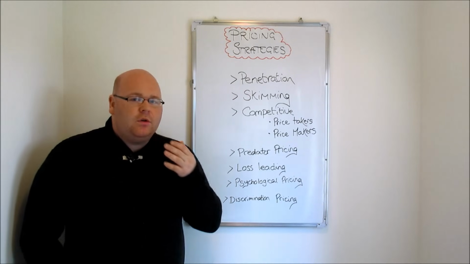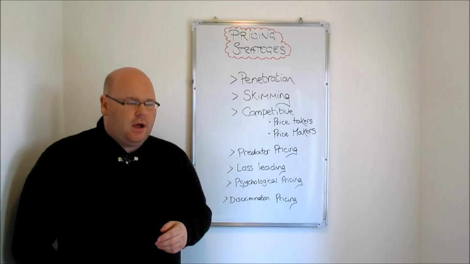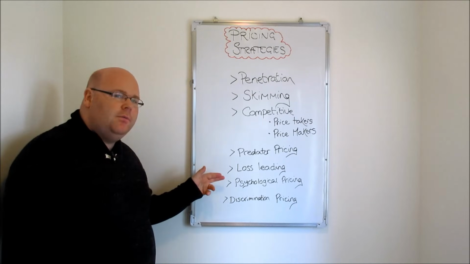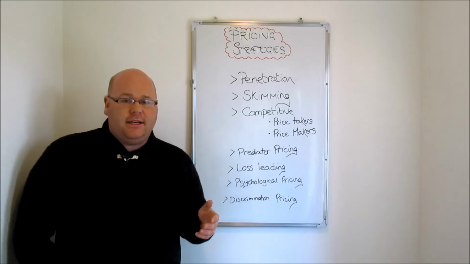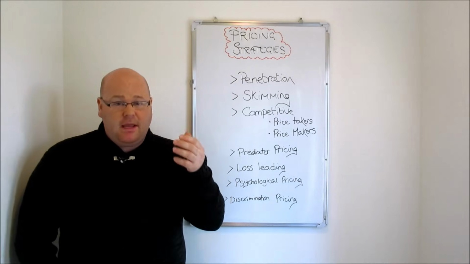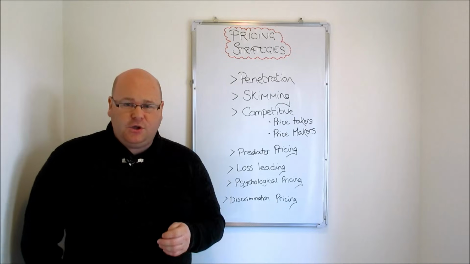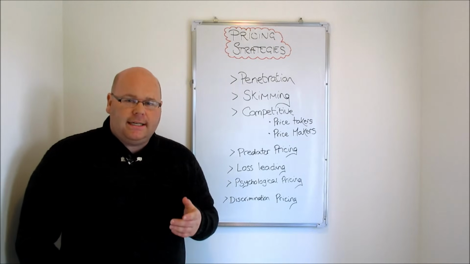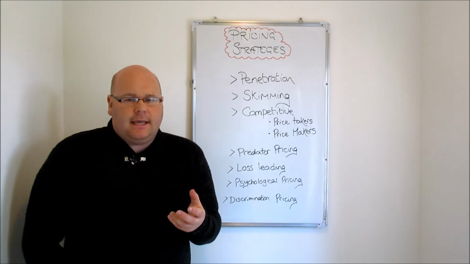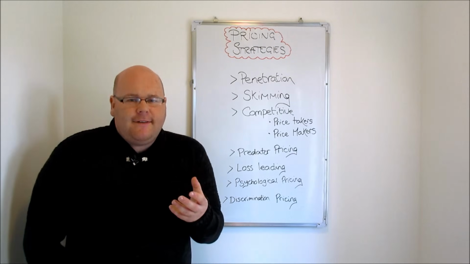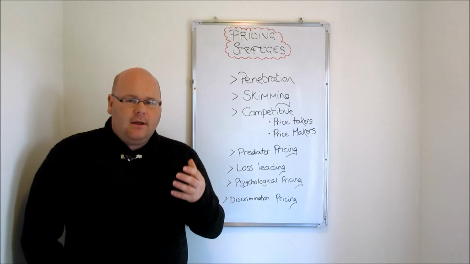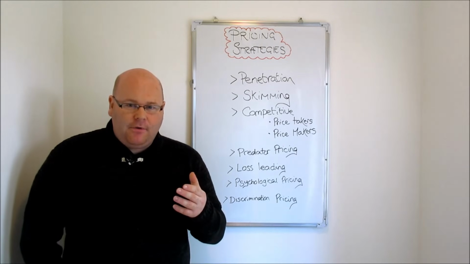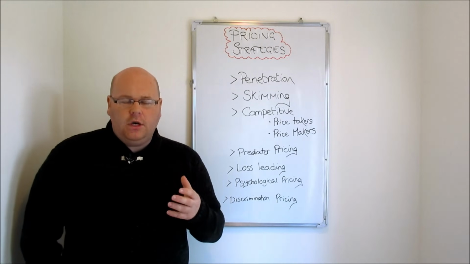We could also talk about what's called psychological pricing as well. And with psychological pricing, it's one that we might use alongside some of our other pricing strategies, such as skimming, perhaps, or maybe even penetration. So psychological pricing is trying to give the appearance that our products are greater value or more of a bargain than they may necessarily be by psychologically ending our price in an odd number.